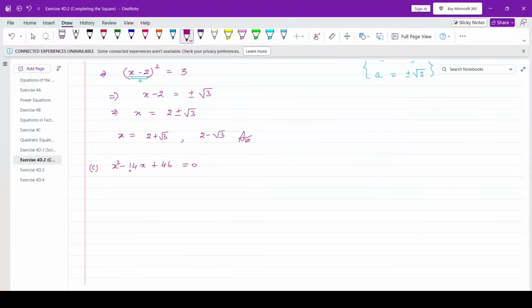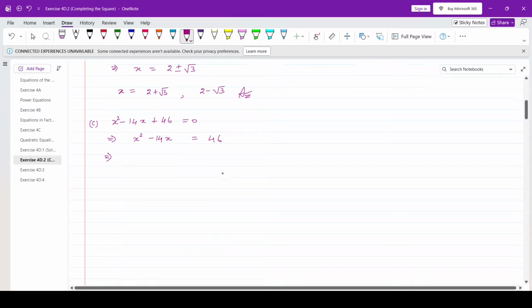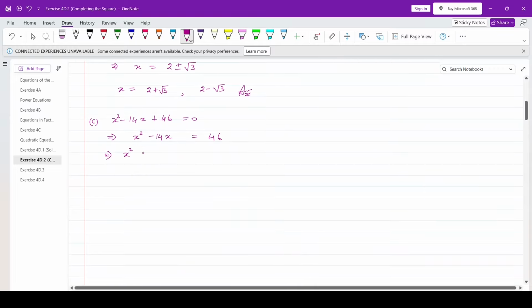C, x square minus 14x plus 46 is equal to 0. So we separate the variable and constant part. So we have x square minus 14x is equal to 46. Now again, if we rearrange this equation in this form, we get x square minus 2 into 7 into x, and this is equal to 46.